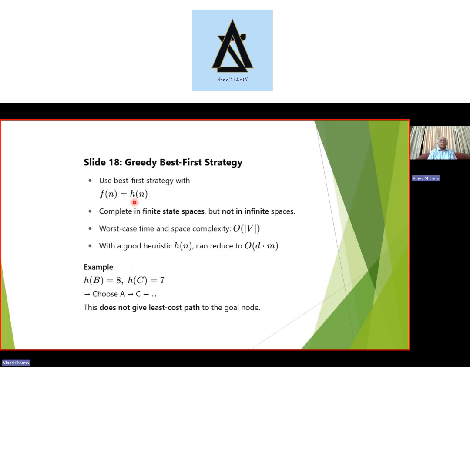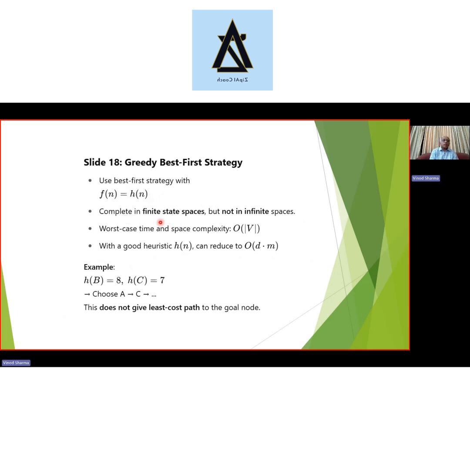However, often that information may not be available, and we may just have some estimates, which may or may not be very accurate. So what you are going to do is, at any node n, you go to the next nodes, pick the node with the minimum h(n), and you choose the action.